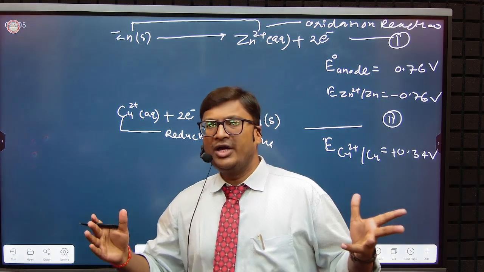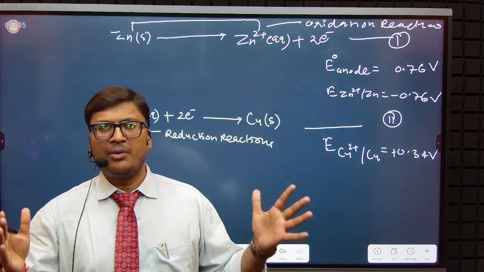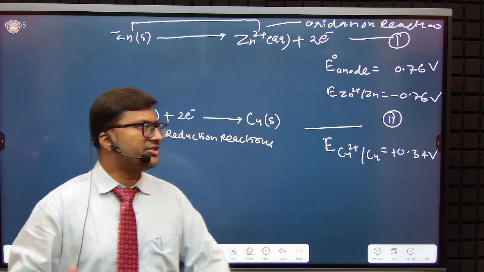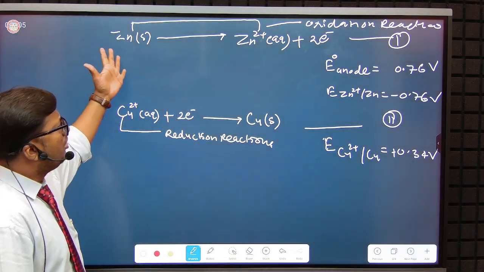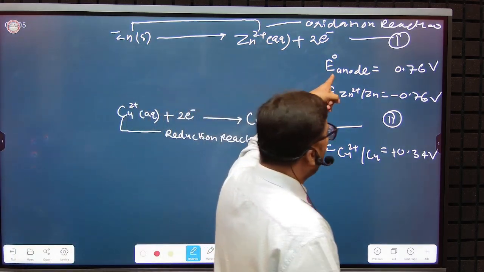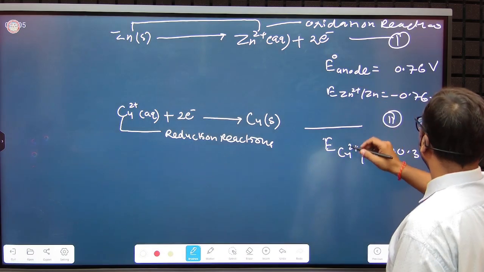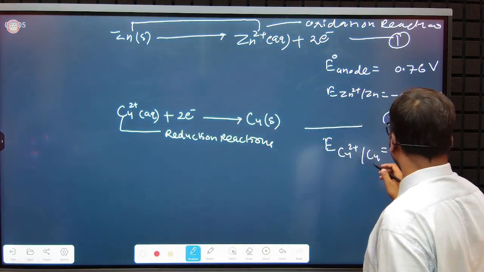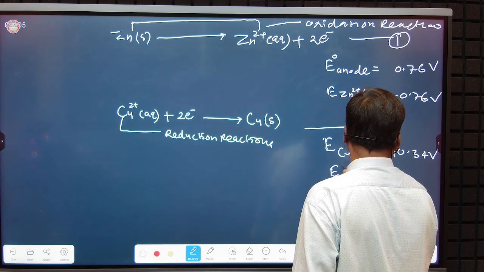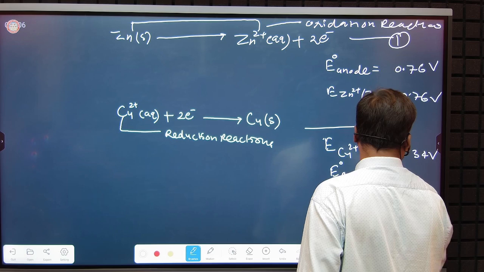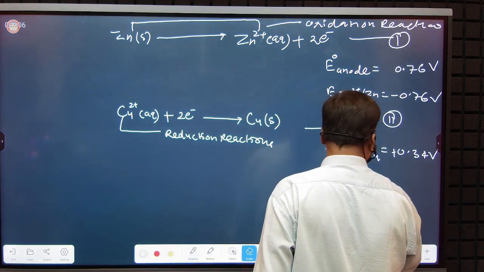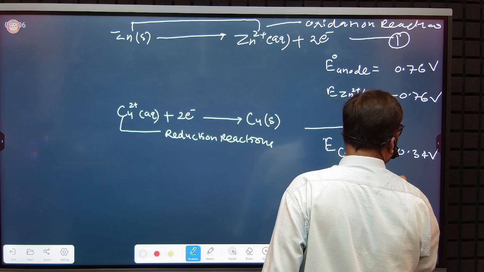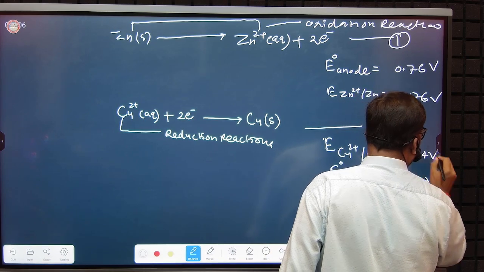Any particular redox reaction is composed of two half cell reactions, that is an oxidation half cell reaction and a reduction half cell reaction. So for the oxidation half cell reaction, the E0 anode is 0.76 volt, and for the reduction half cell reaction, E0 cathode, this is your cathode, 0.34 volt.